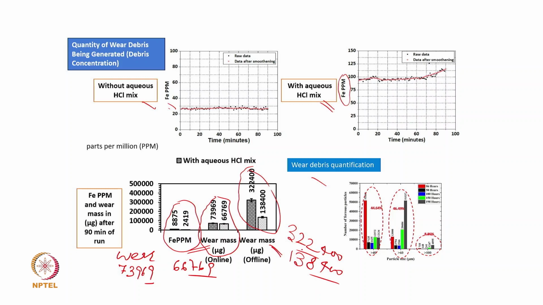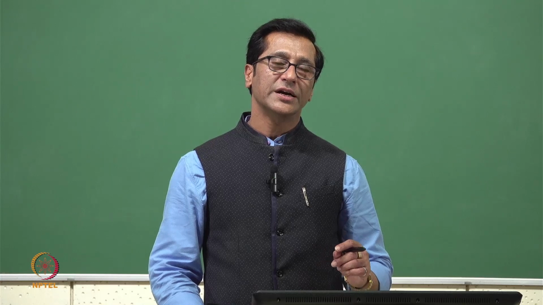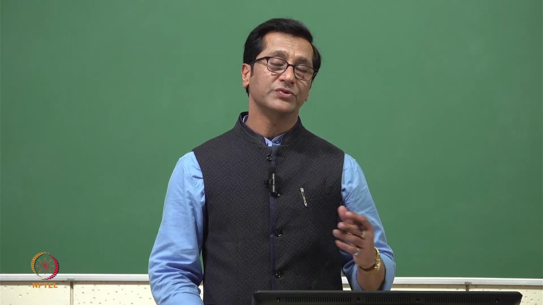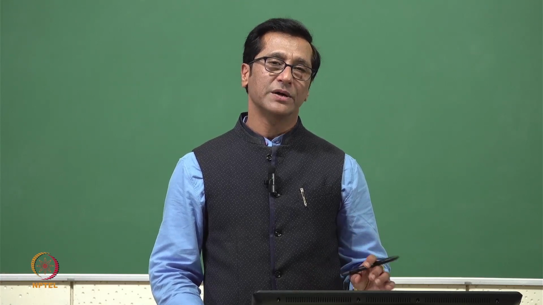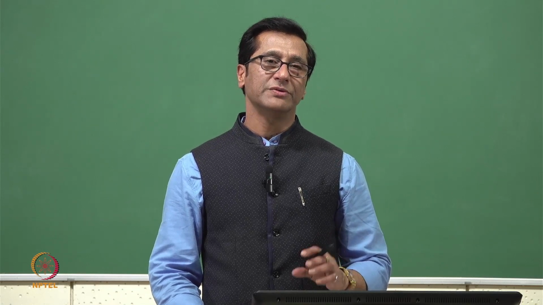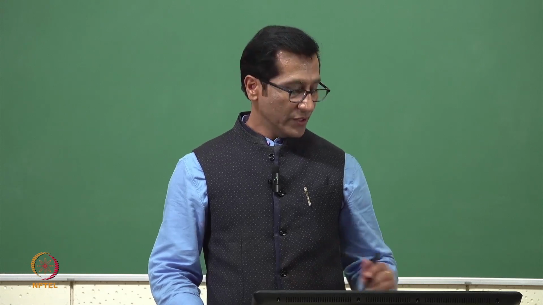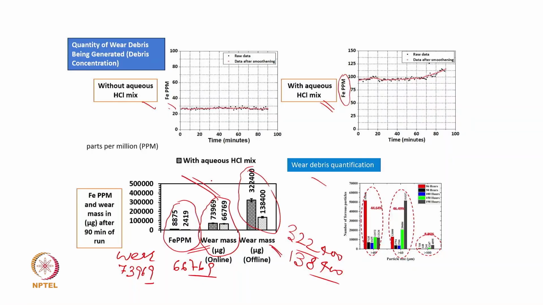Many times when we put in a sensor, if the wear rate is very fast, particles fall through without being noticed by the sensor. So whenever we do this kind of online monitoring, we need to check both: what the sensor has given, and what oil it is really providing to us. These are two different things which we need to compare.